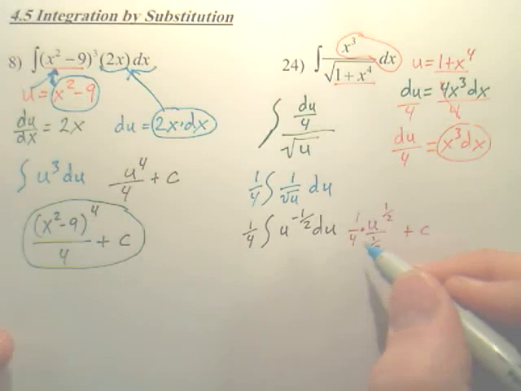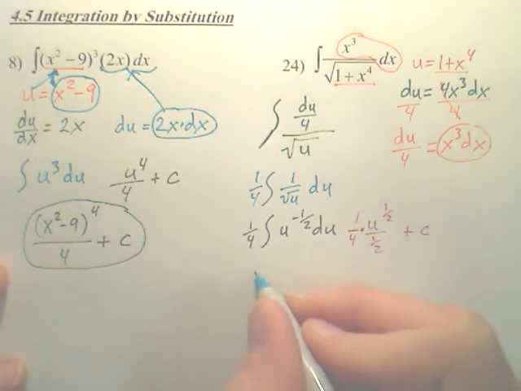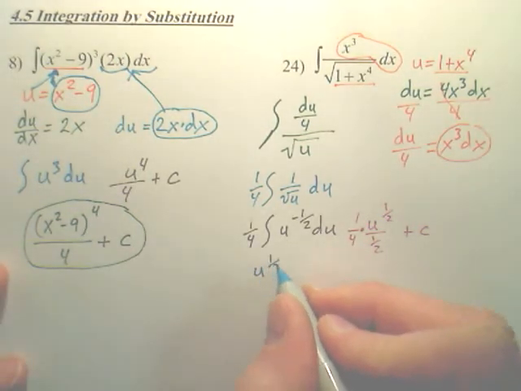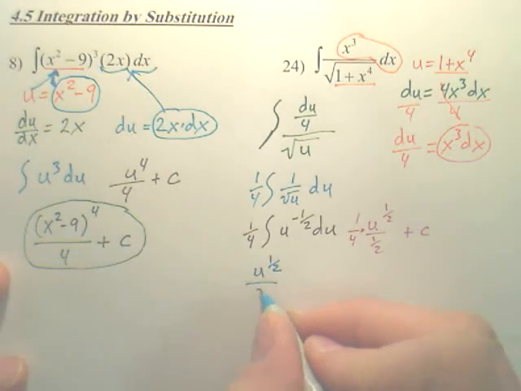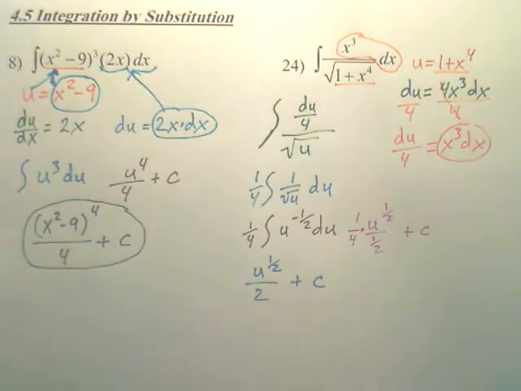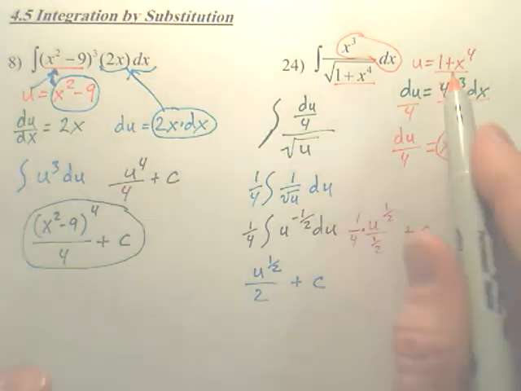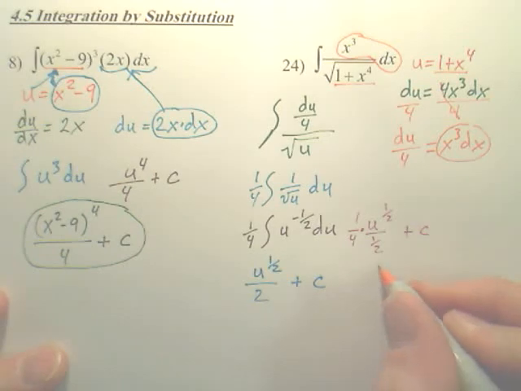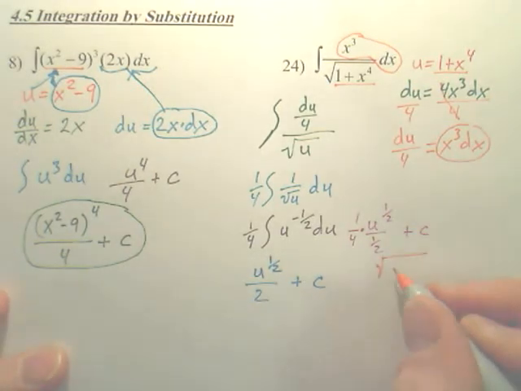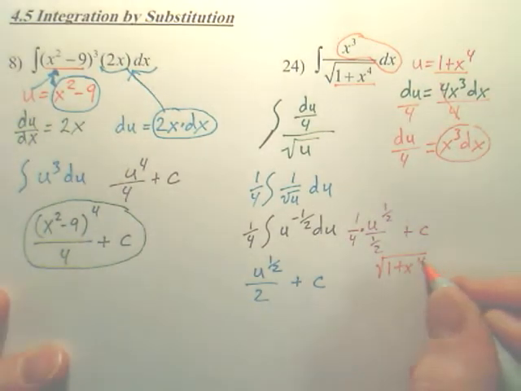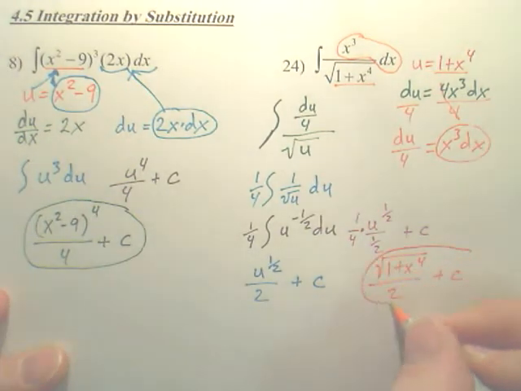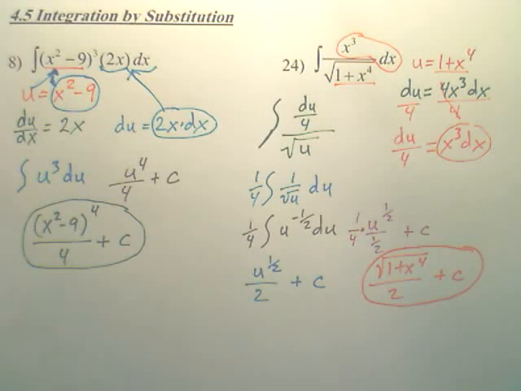Which this 1/2 flips, and you end up with, for some of you this might be kind of tough, u to the 1/2 over 2 plus c. And can I go back and find u and plug it back in? So it's going to be the square root of 1 plus x to the 4th over 2 plus c. There's your answer.